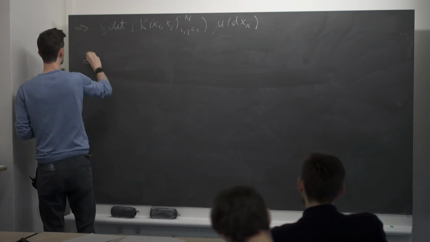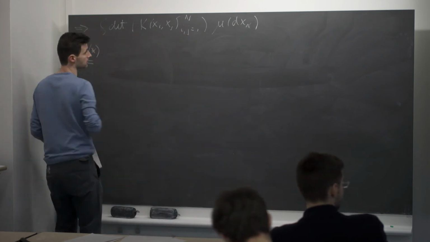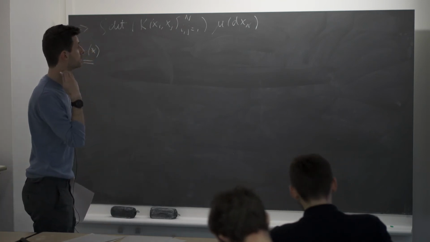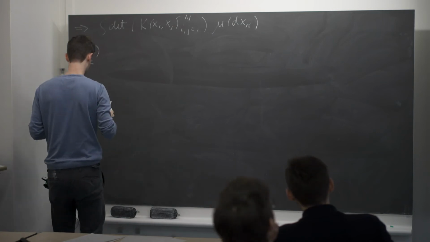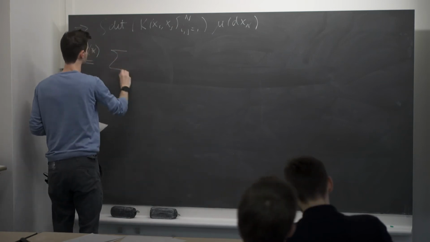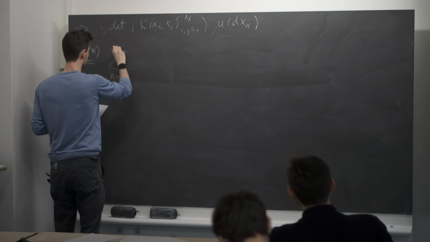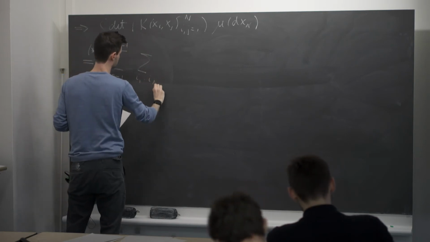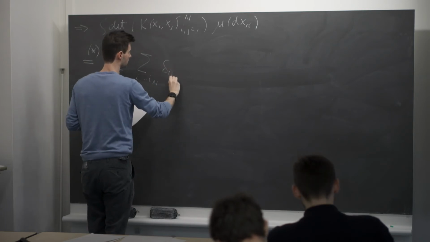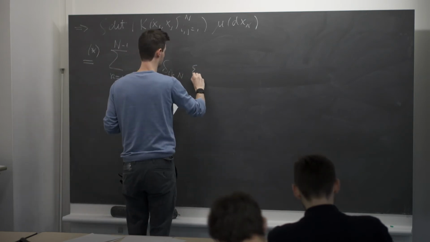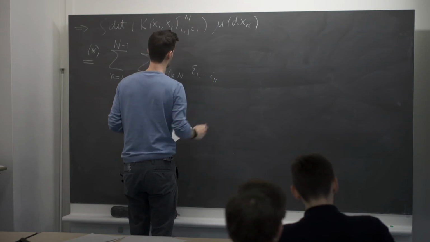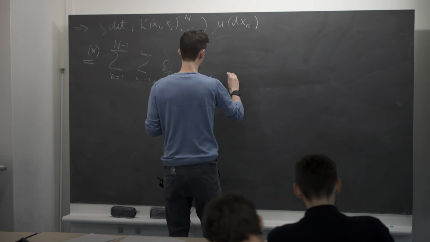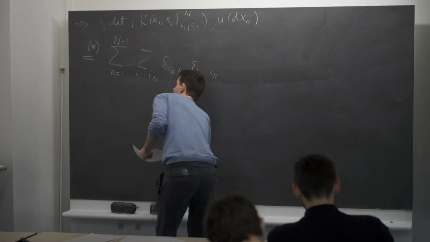So this is now equal to, using this projection property star that I just erased, it is equal to... so here I'm just copying what I had, and let me also copy.